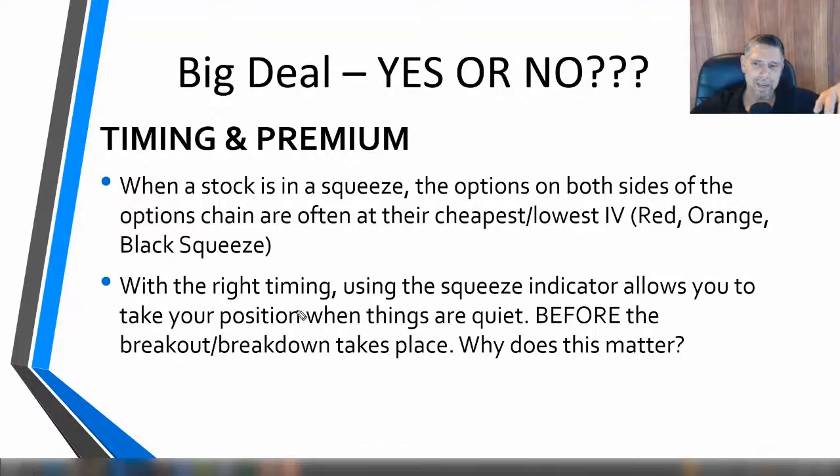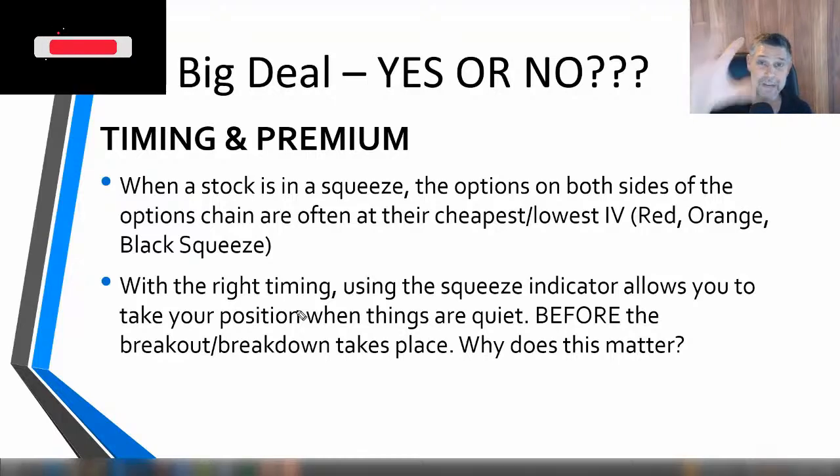With the squeeze, it allows you to build your position whenever things are quiet. This is our edge. It's that moment in time where it's telling us visually on the chart, hey, I'm setting up for my next big move. All right, so now I'm showing you about the TTM squeeze indicator, how we can use that indicator to position size when things are quiet, setting up for their next big move.